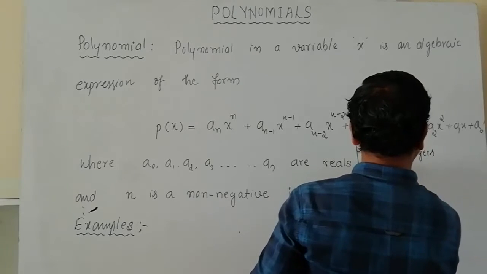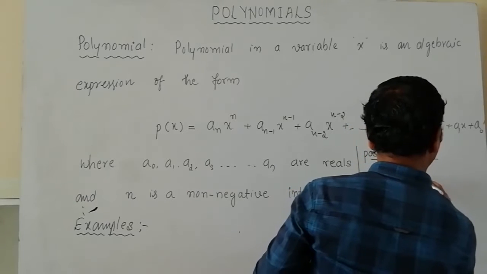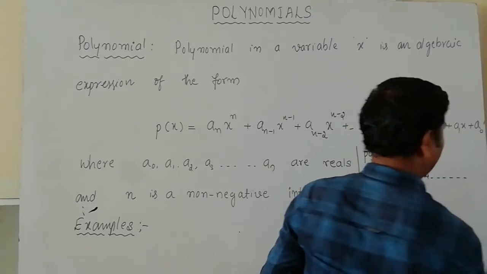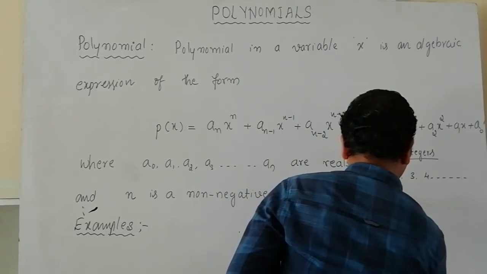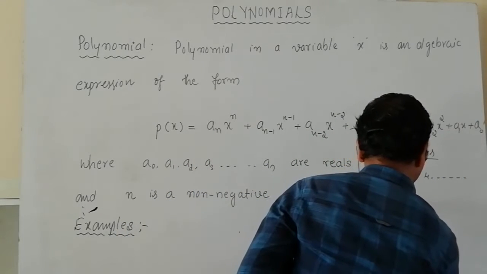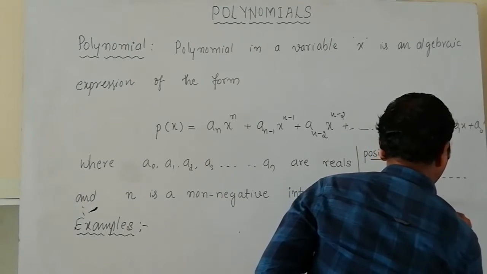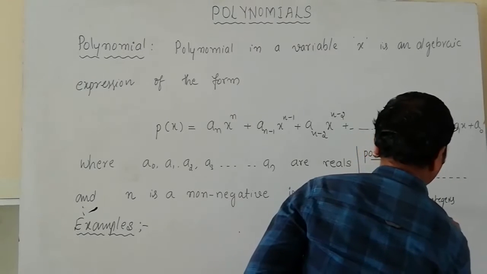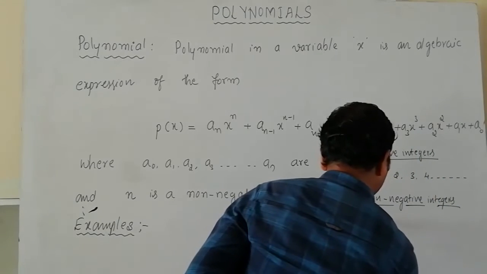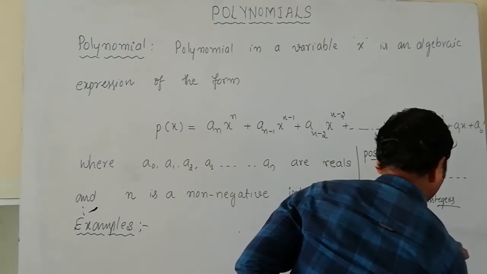Positive integers mean 1, 2, 3, 4 and so on. If it is a non-negative integer, it begins from 0, 1, 2, 3, 4 and so on.